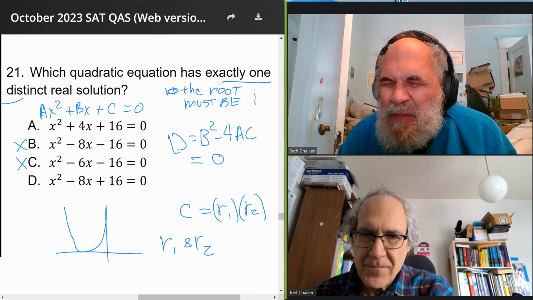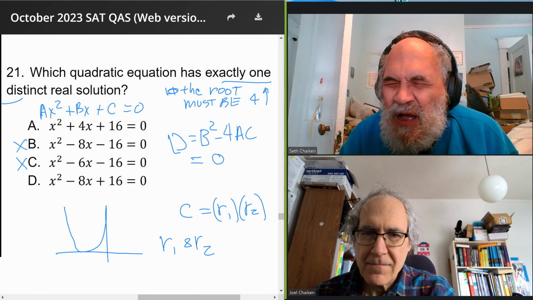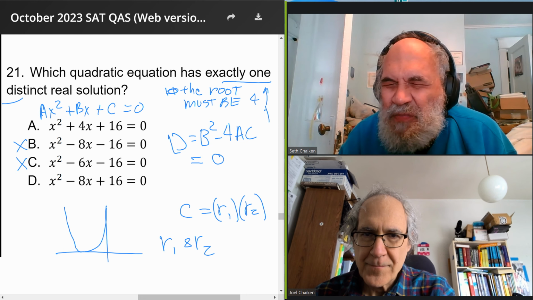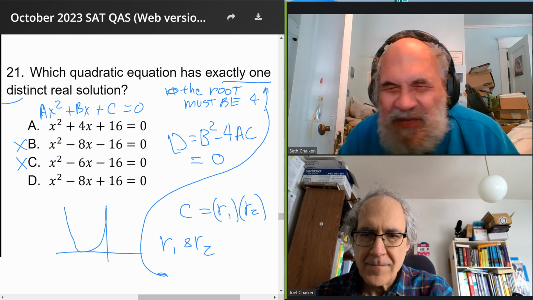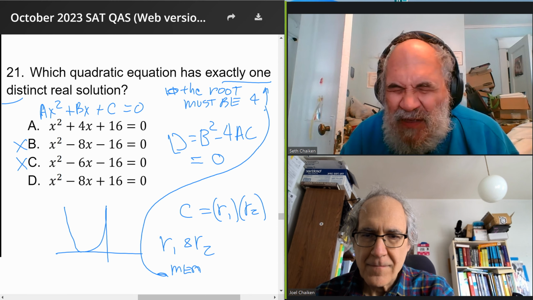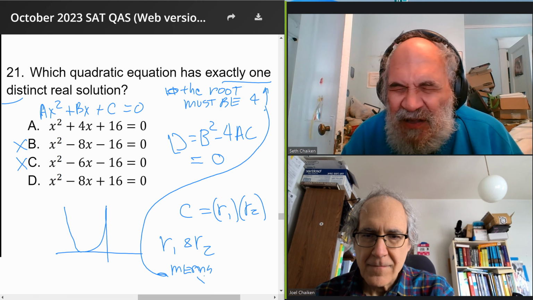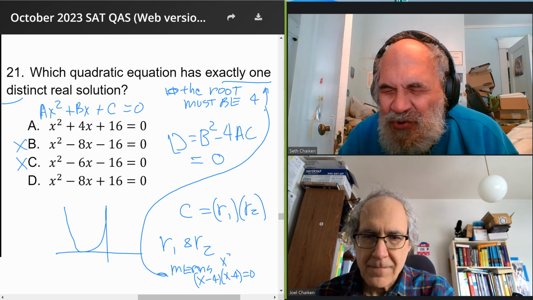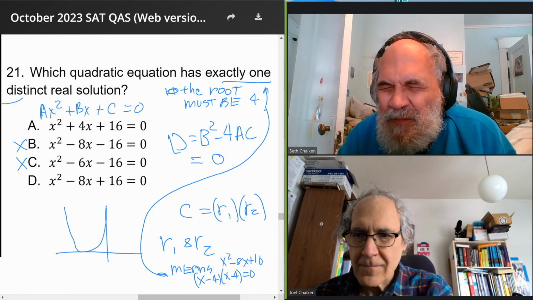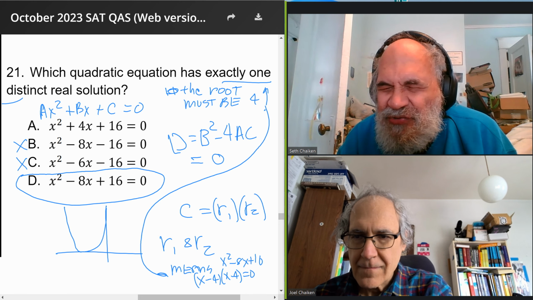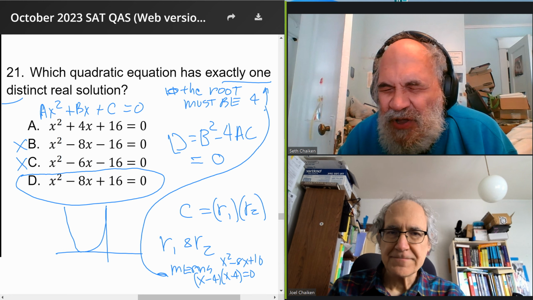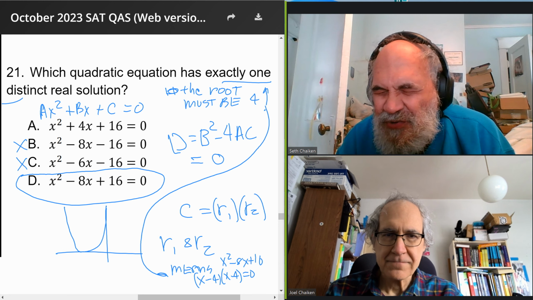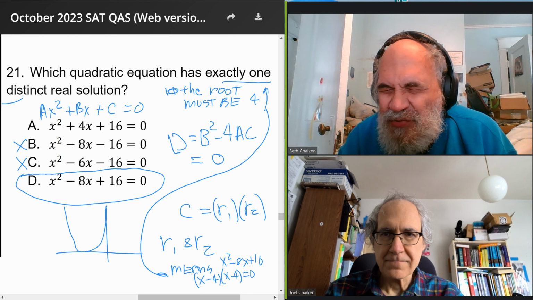If you multiply that out, that is x squared, and the linear term is minus 4x times 2, which is minus 8x. You could also see it since the two roots are equal, so they're both 4.